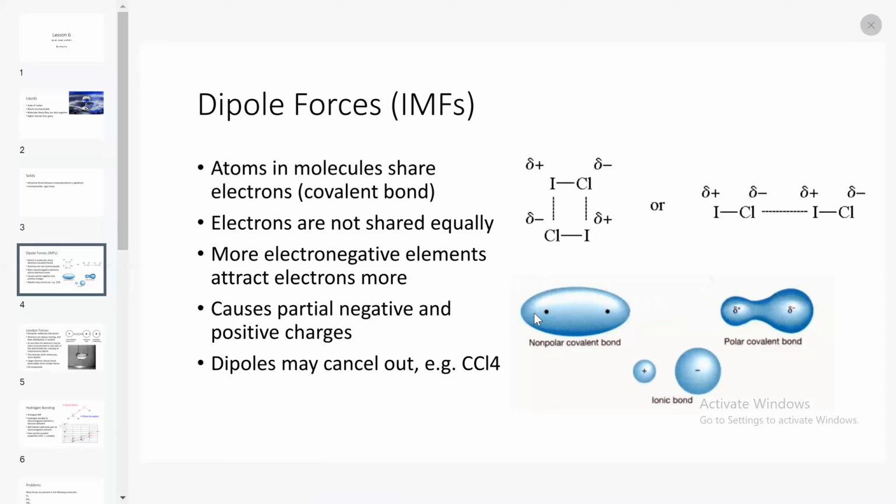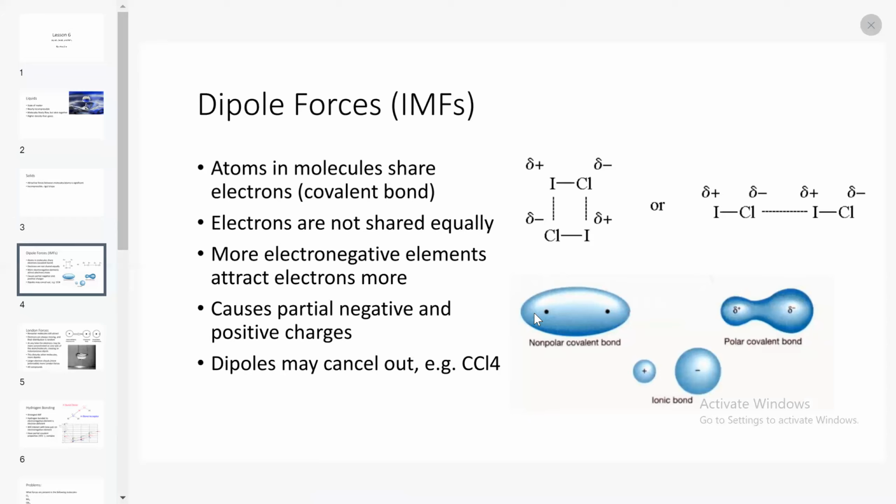So electrons are charged particles. Electrons have a negative charge. So this means that an unbalanced distribution of electrons causes these partial negative and partial positive charges. Okay? So you have one end of the molecule that has a positive charge and one end of the molecule that has a negative charge, almost like a bar magnet.